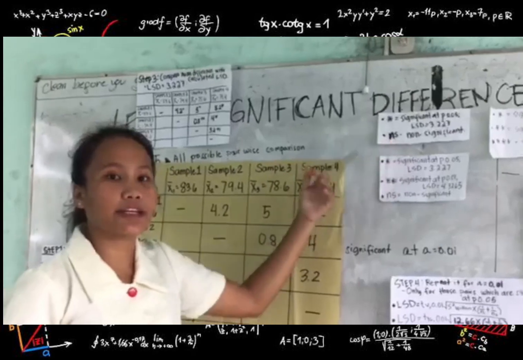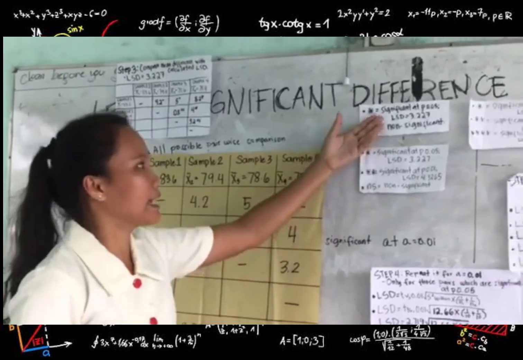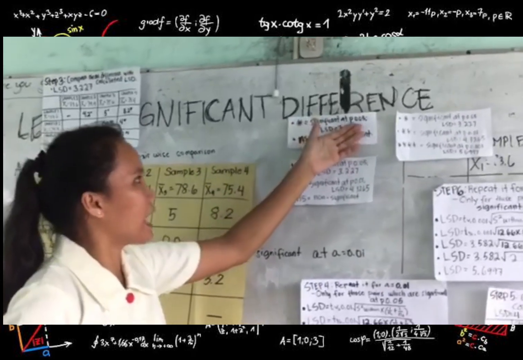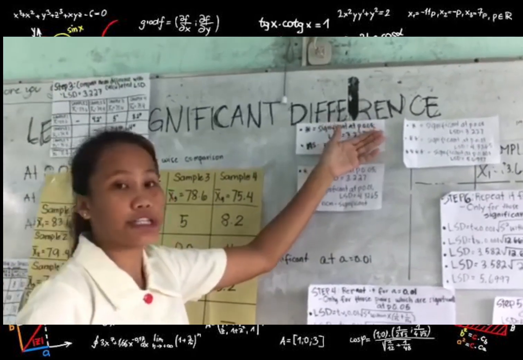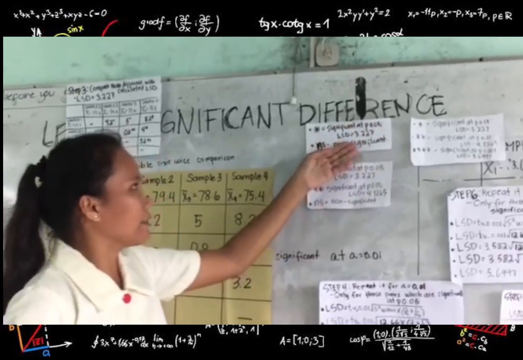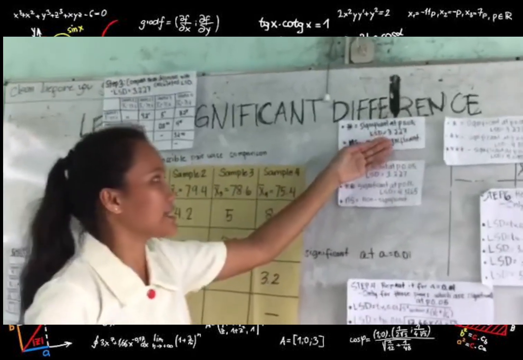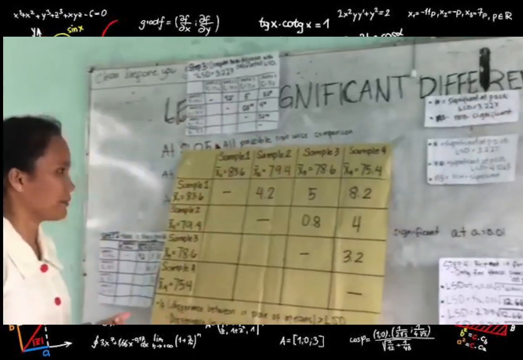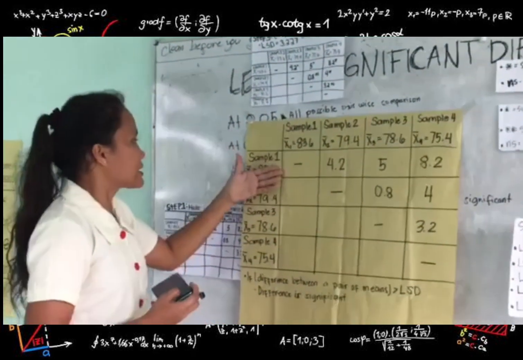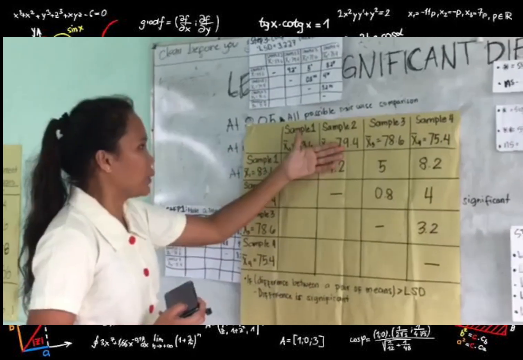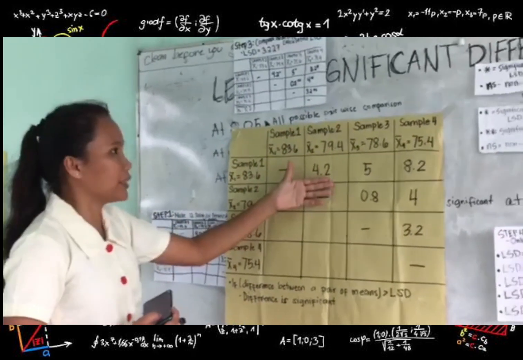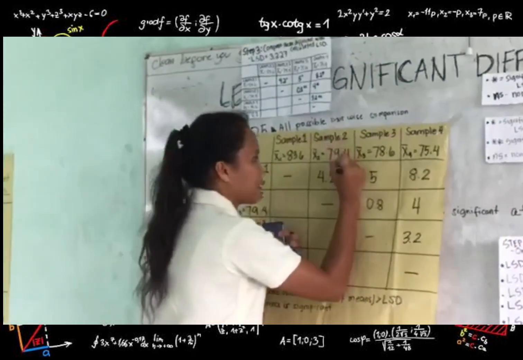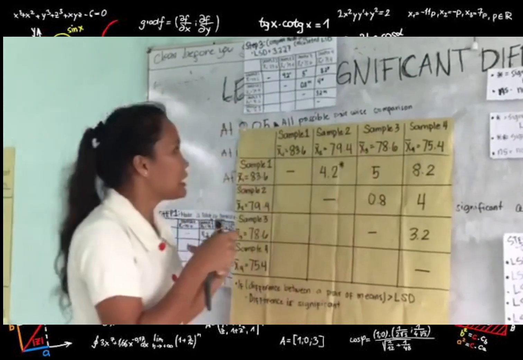To know if a difference is significant, we put an asterisk when it is greater than the LSD of 3.227 at probability 0.05. Here, sample 1 and sample 2, which is 4.2, gets an asterisk because it is significant.